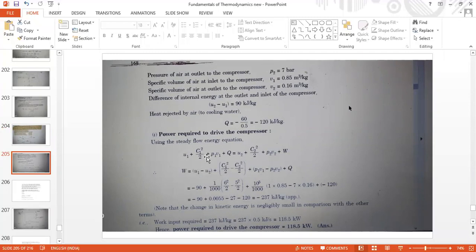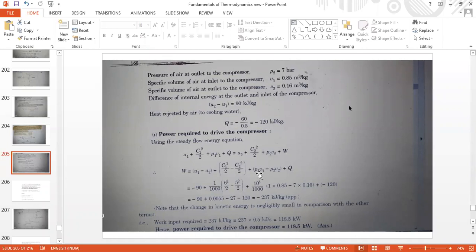See, here W is written directly. W equal to U1 minus U2 plus (C1 square minus C2 square) by 2. And whenever you use kilojoule per kg, the kinetic energy change has to be divided by 1000. And P1 is to be substituted in Newton per meter square first and then divided by 1000.